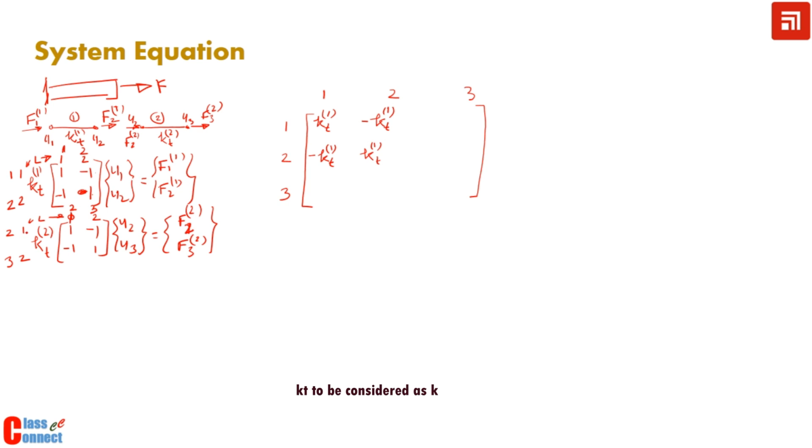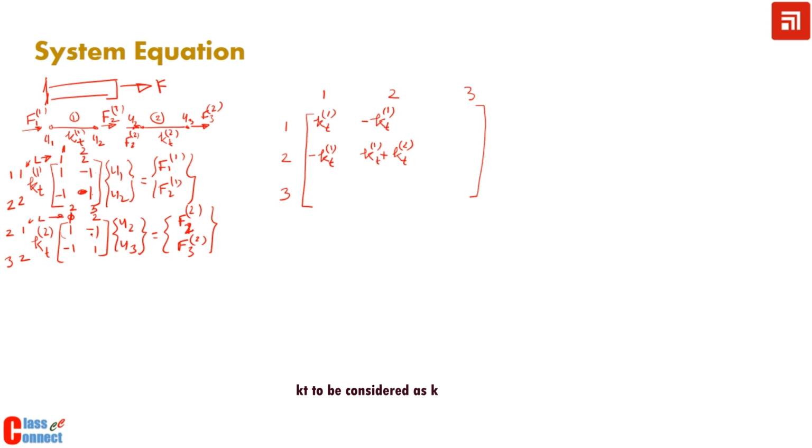Now come to the second element. The local number 1,1 corresponds to global number 2,2. So k2 multiplied by 1 will go at global position 2,2, and here it will be added to the influence of the second element.